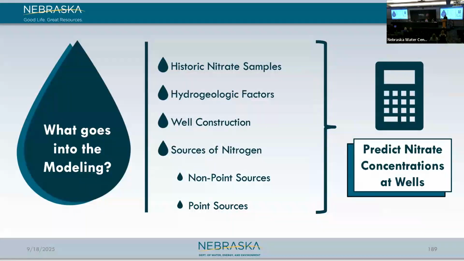So even though we're going to cheat and use machine learning, we still have to have a good physical conceptual model of our system before we start modeling. And this up here is a diagram of the nitrogen cycle. I'm not going to get too into the weeds in it today, but for our purposes, we're really just concerned with when there's excess nitrogen in the system. So nitrogen, very important for plants to grow, but when we have too much nitrogen applied at the surface in Nebraska, some of that can leach down into groundwater where it becomes nitrate.